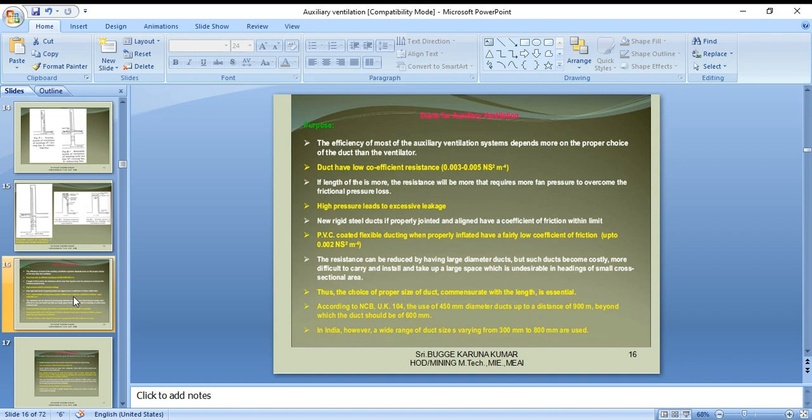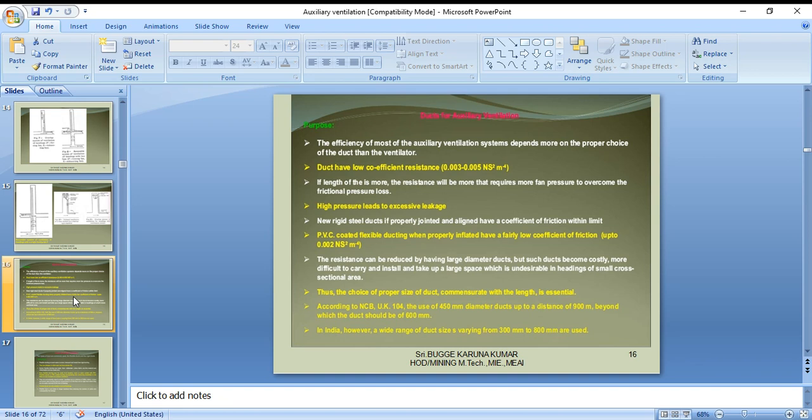High pressure leads to excessive leakage. New rigid steel ducts, if properly joined and aligned, have a coefficient of friction within the limit. PVC coated flexible ducting, when properly installed, has a fairly low coefficient of friction, up to 0.02 Newton seconds per meter square.